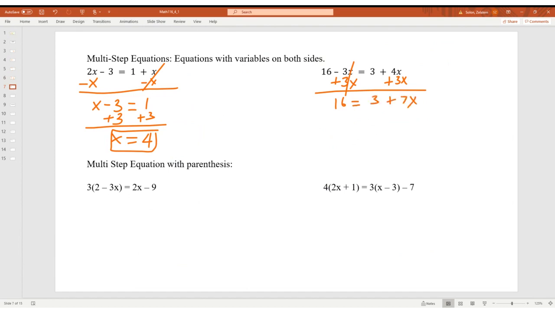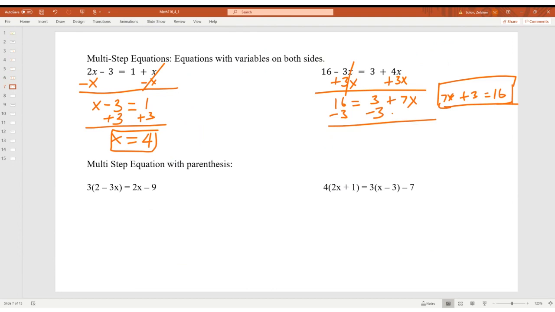Now this is a two-step equation, which you can rearrange and write as 7x plus 3 equals 16. It's the same thing. So some students prefer to work with the variable on the left-hand side rather than on the right-hand side. But you don't have to do that. So here I have to take away 3, minus 3 here, minus 3.